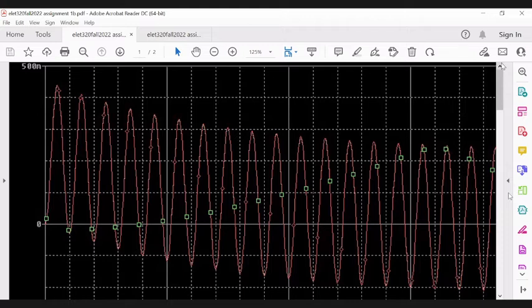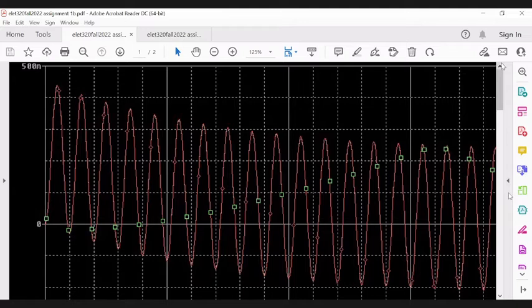A sine wave. So in 235, we all learn how to get the output when the input's a sine wave, because that's what phasors do. Phasors only work for sine waves.